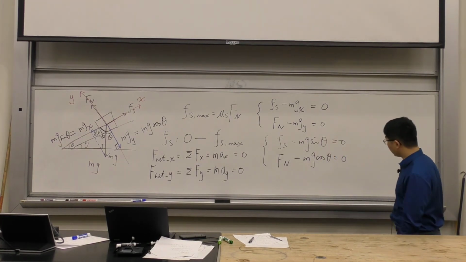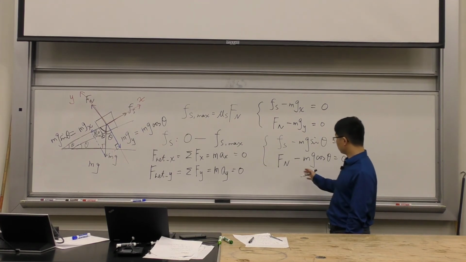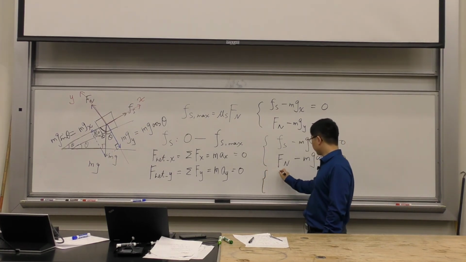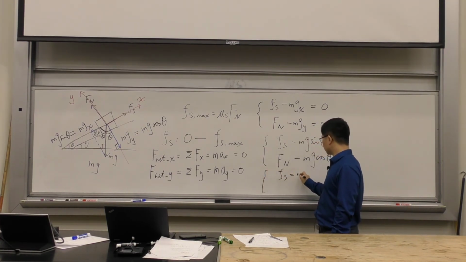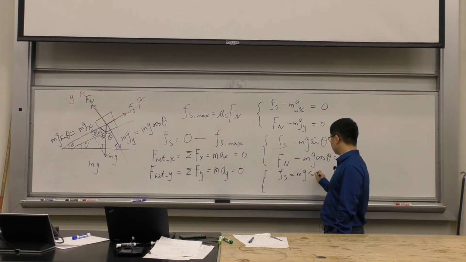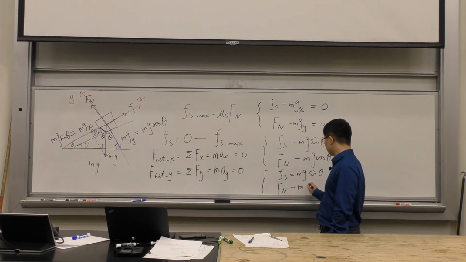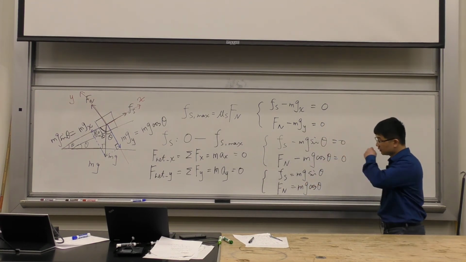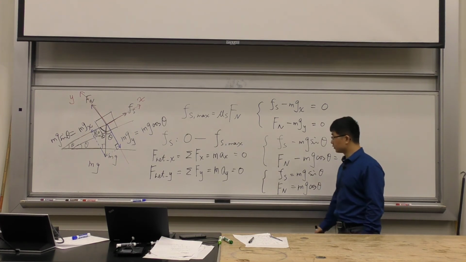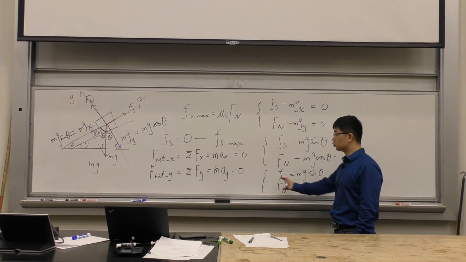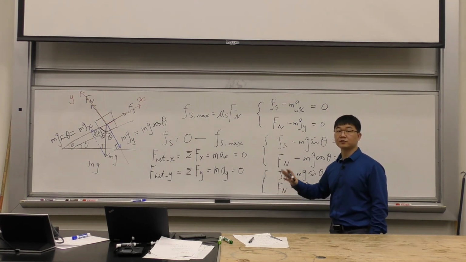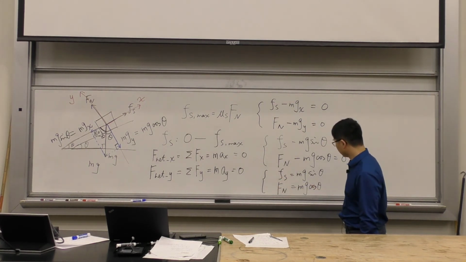Now you see that this equation actually just tells us that static friction force is going to be equal to mg sine theta, and normal force is going to be equal to mg cosine theta. Now you can see why this static friction force is going to increase as you raise this incline. So if you do math, everything is clear. Everything is very easy to explain.